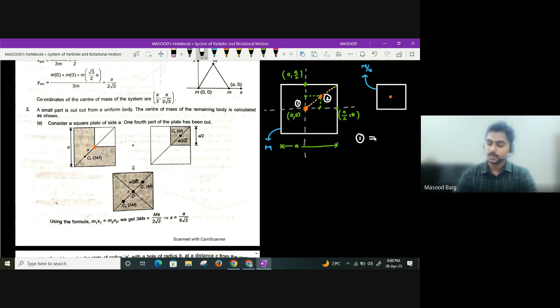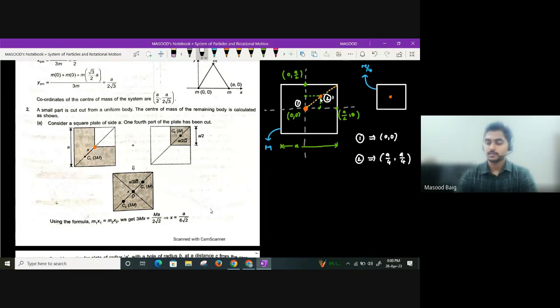The first mass is the large mass, and its coordinates are 0, comma 0. The second mass is the small mass. You see, this total distance is a by 2. This will be half of the distance or not. So I'll get it as a by 4, comma 0. This also will be a by 4 only. So the coordinates will be a by 4, comma a by 4, guys.